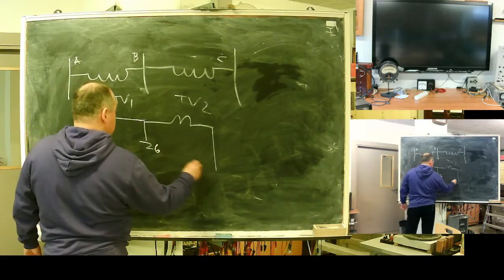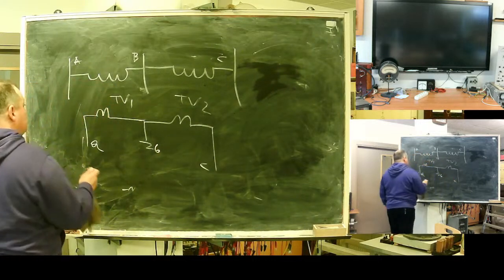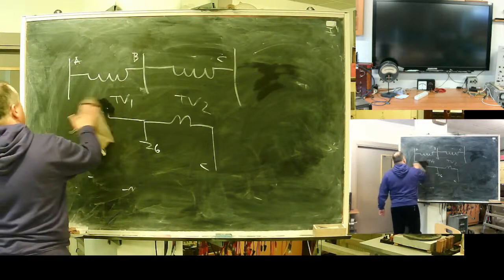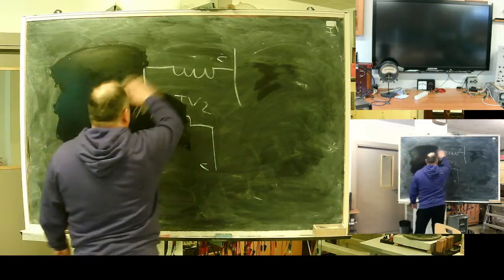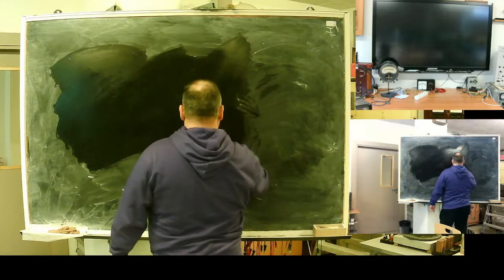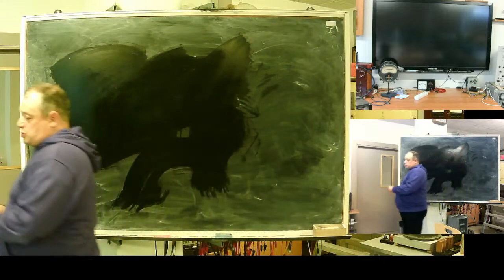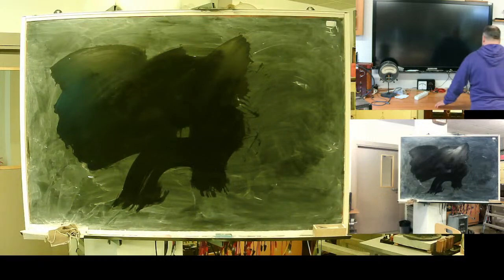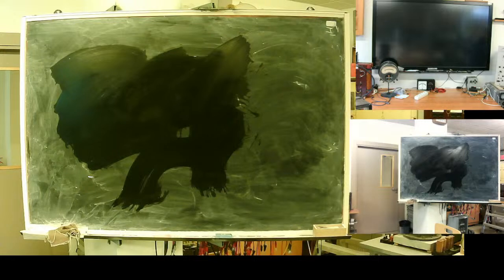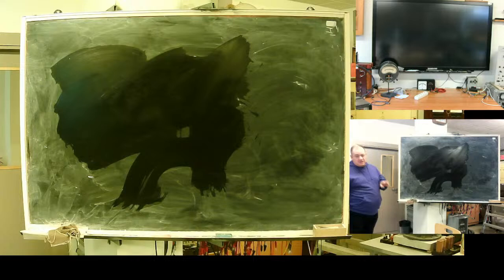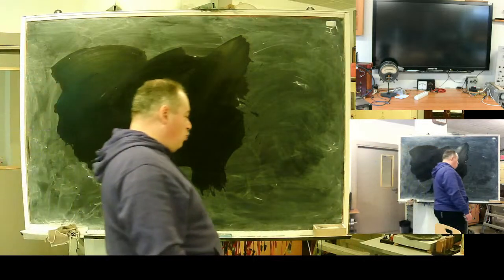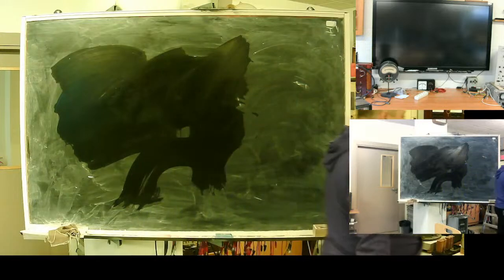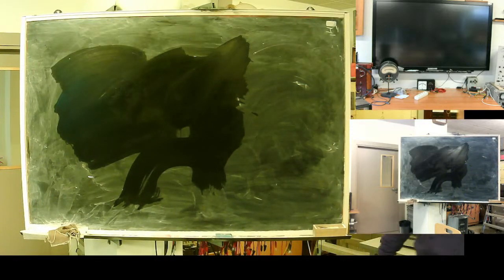A, B, C. That's a transformer system. I need to do something to ensure my system is reliable. And what was selected? There are 3 different standards, but here in our country, and it's most popular in Europe, the so-called 90-degree system was chosen.